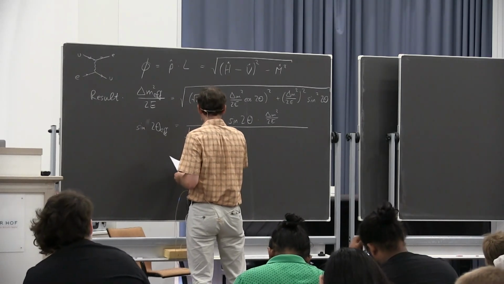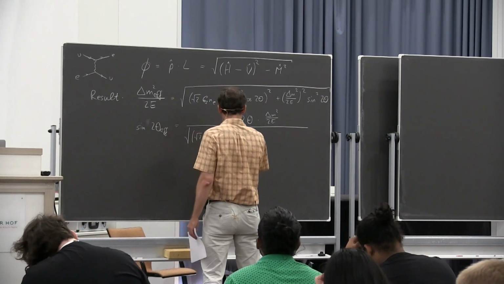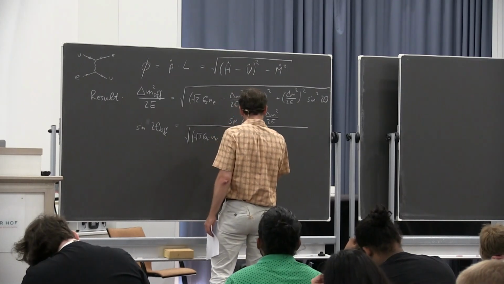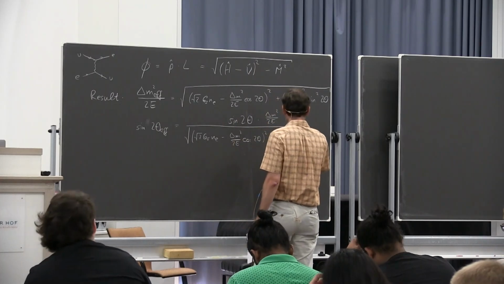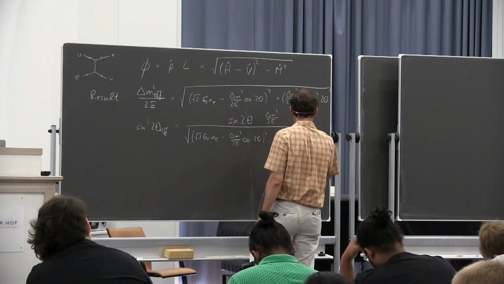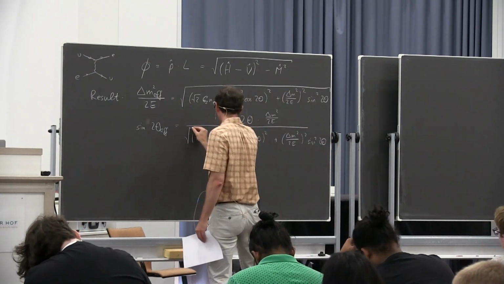So the square root of (√2 G_Fermi N_e minus delta m squared over 2E times cos 2 theta) squared plus (delta m squared over 2E) squared sine squared 2 theta.